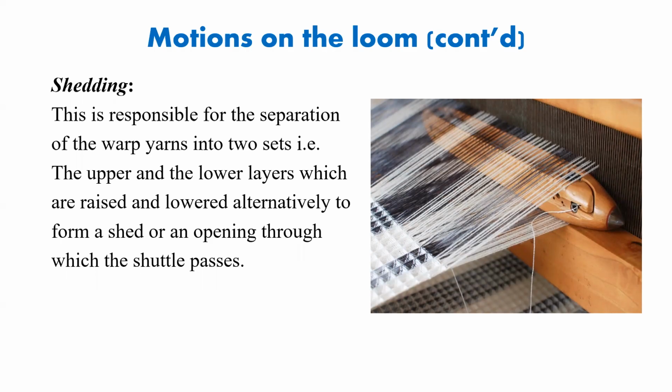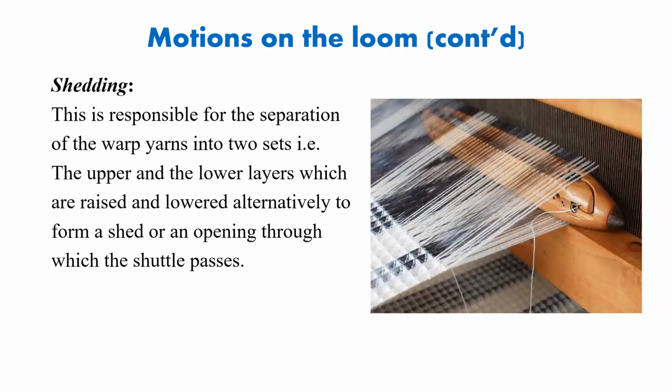Anytime you want to create a shed, depending upon the way we have threaded the yarns, you can step on one of the treadles and then there will be a shed for you, because when you tread on one of the treadles, because of the way we have done the tie up, one set of yarns will go down and another set will stay. Then there will be an opening, and that opening is called the shed.